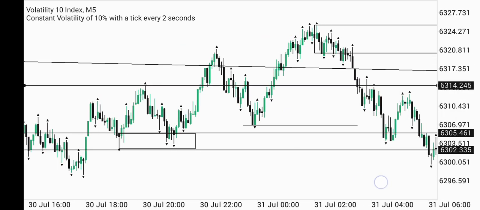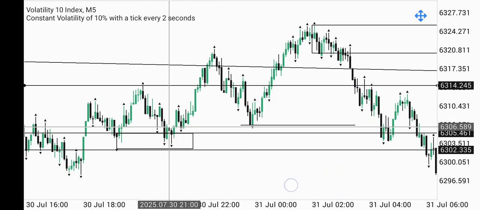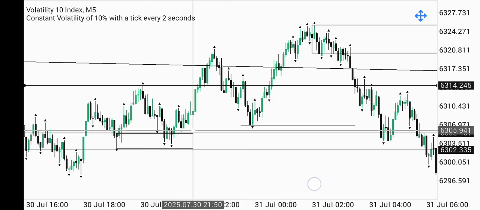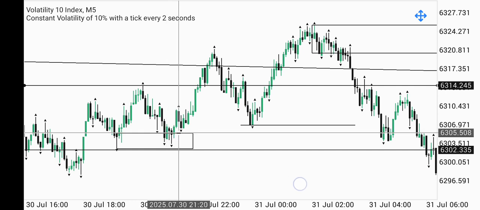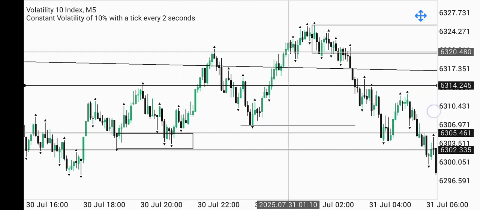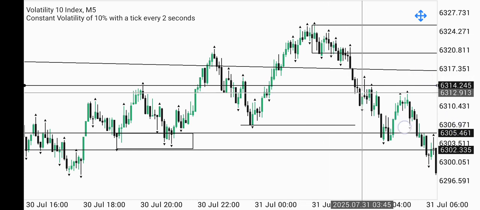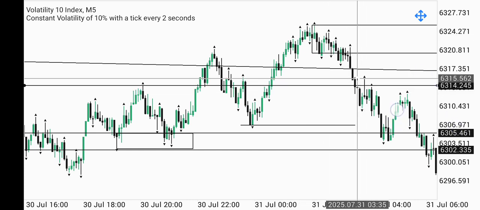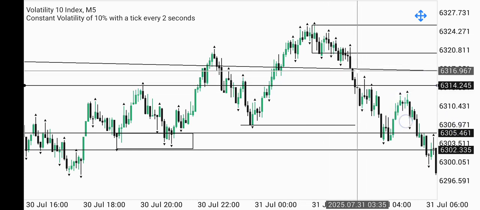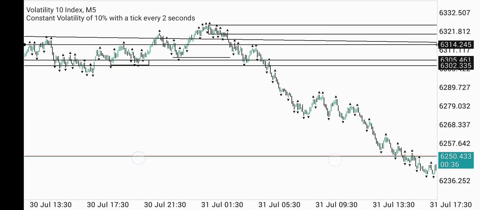So look at this now again. Price broke that last structure. We're targeting this. Instead, it made another push. Well, it's supposed to come back here and make a higher low, but instead it broke this last structure, creating a change of character, as I said.